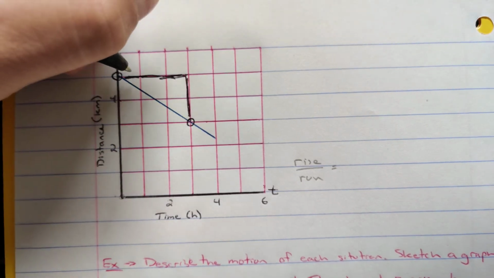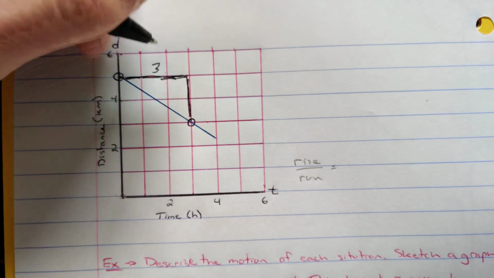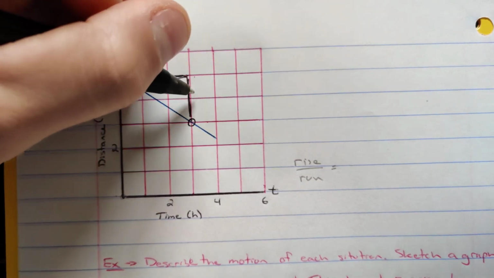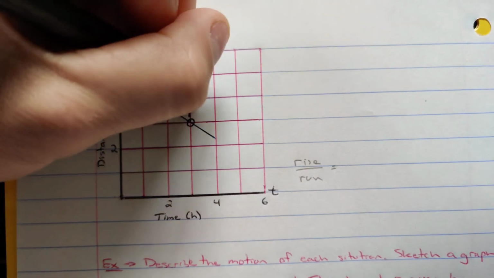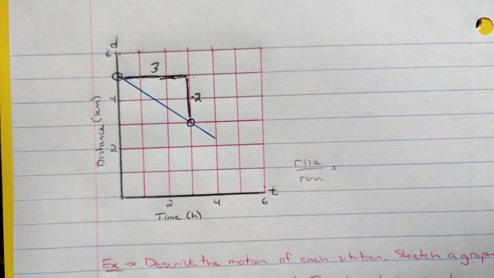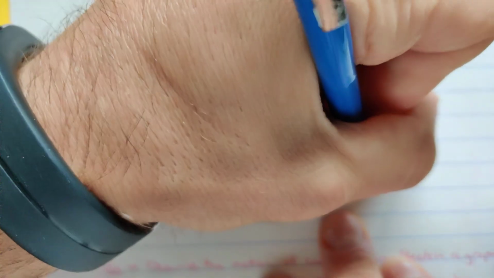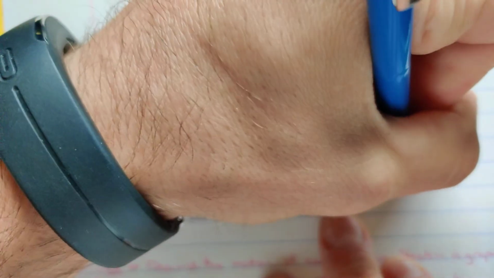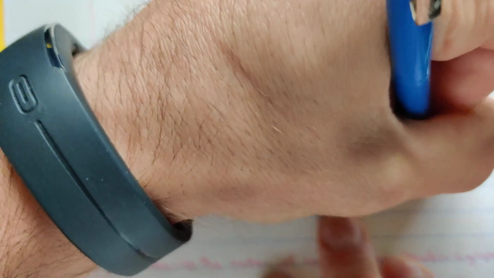And so here, someone traveling 1, 2, 3 kilometers is the run. 1, 2 kilometers, and that's -2 is the rise. So the rise over run is -2 over 3, which would be 0.66.